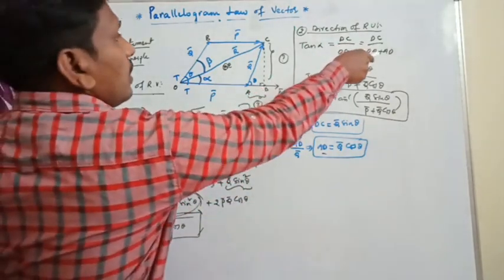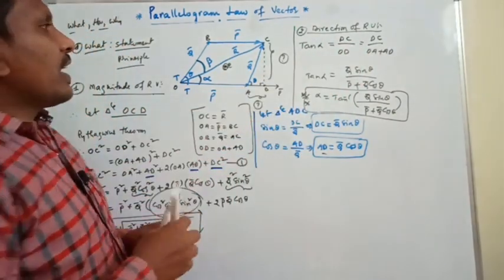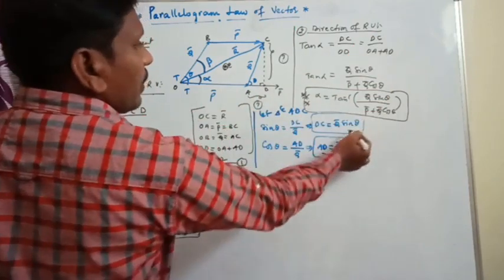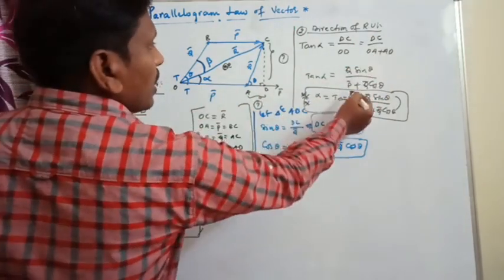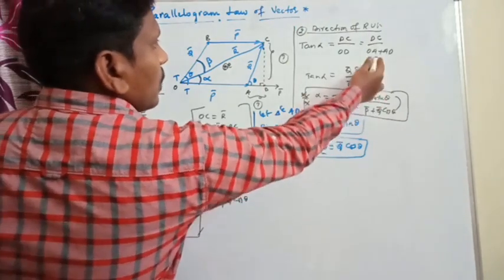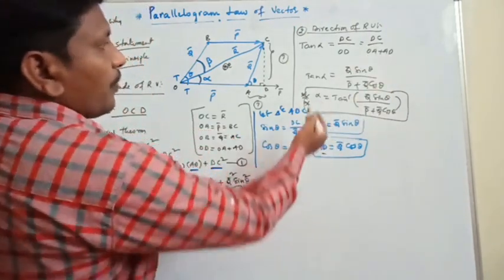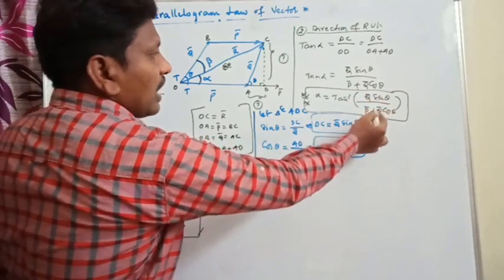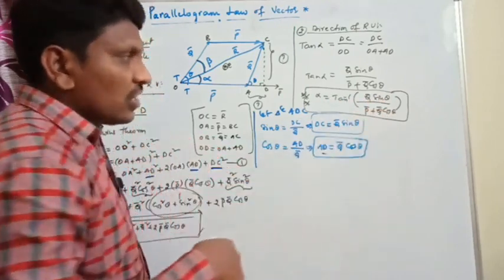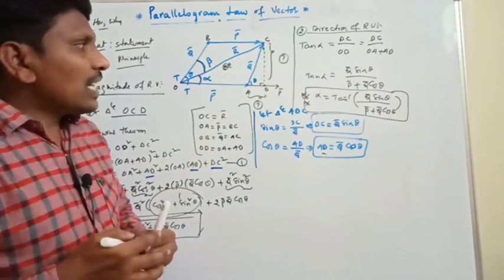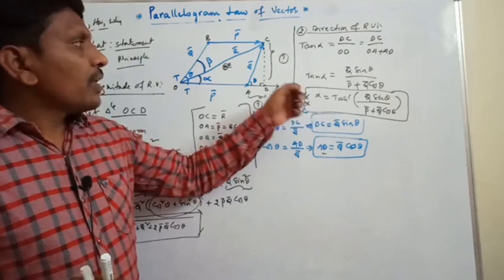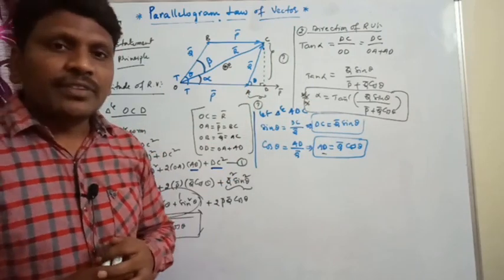DC, then OD we can write as OA plus AD. DC is Q bar sin theta, OA is P bar, plus AD is Q bar cos theta. And this alpha we can write as tan inverse of Q bar sin theta by P bar plus Q bar cos theta. This is the expression which tells us the direction of the resultant vector.